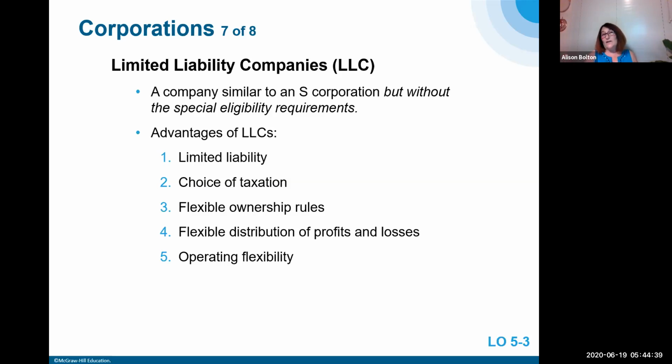You can decide based on profitability or who's doing what work, how those monies and expenses will be managed. And then operating flexibility. Maybe you have guidelines on how long the business will be around, and who will be doing what in that business. And that's nice. You are not in such a tight situation that everything's black and white.